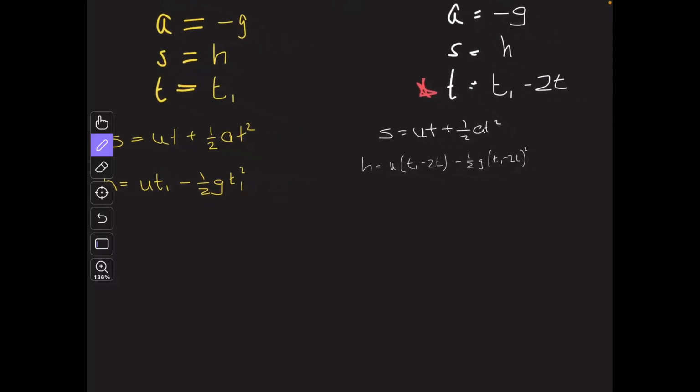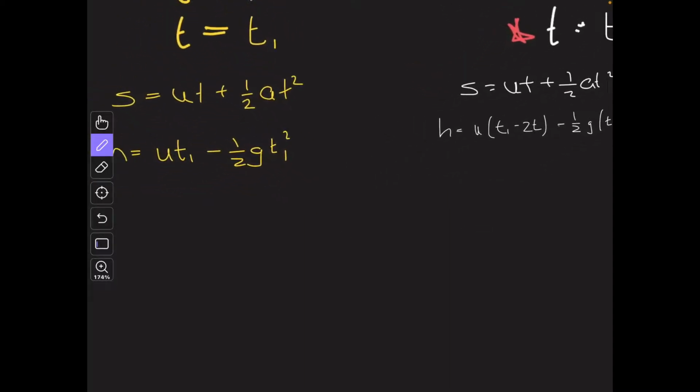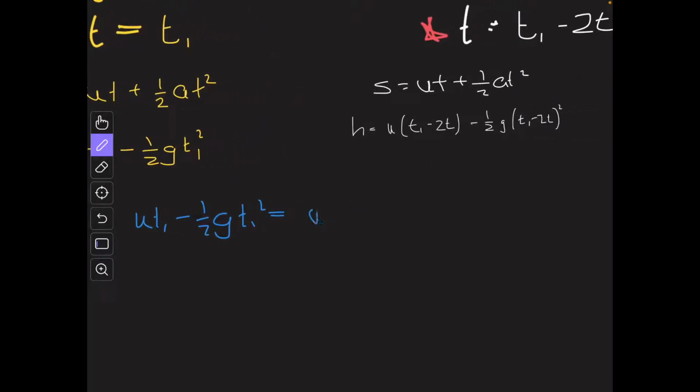So what we're going to do is let the h's equal each other. What I should get in my next line is ut1 minus a half gt1 squared equals ut1 minus 2ut minus a half g by this guy.